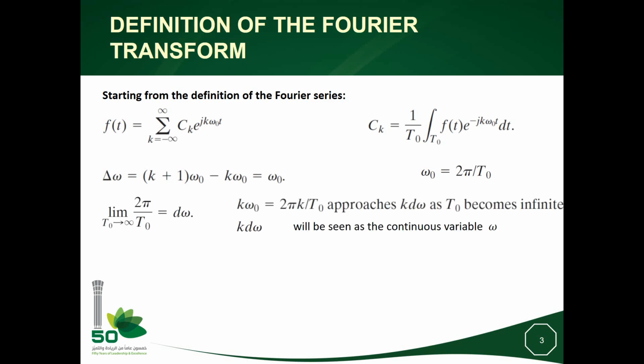So how can we see omega 0, which is by definition 2 pi over T0? It is d omega, if I let T0 tend to plus infinity. So 2 pi over T0 will be equal to d omega, which is a variation of omega when the period T0 is extended to plus infinity.